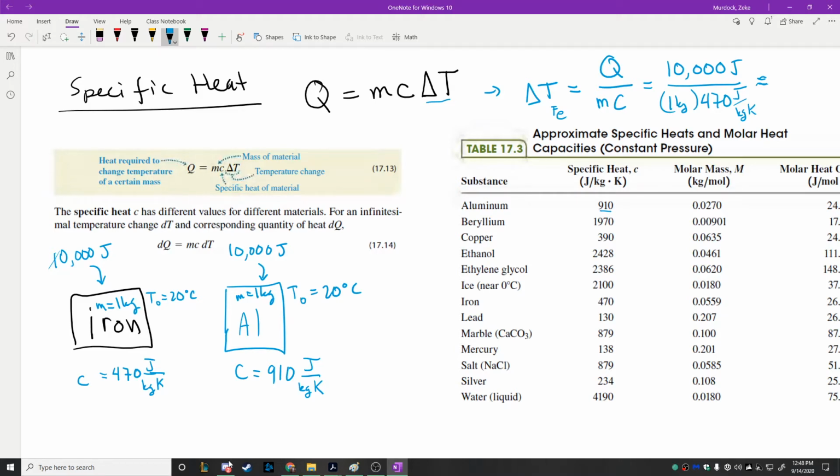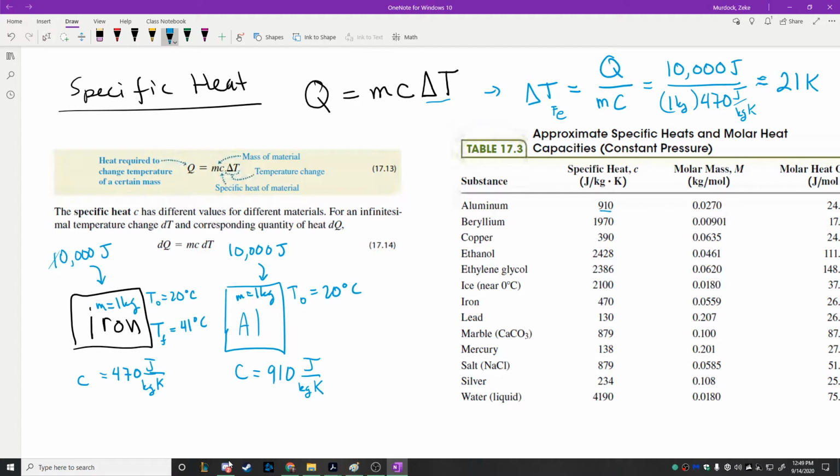Is that right? Yeah, about 21. So if I tell you that delta T here is going to be 21 Kelvin, or 21 degrees Celsius, because it's change, right? So this would go to a final temperature of about 41 degrees Celsius.